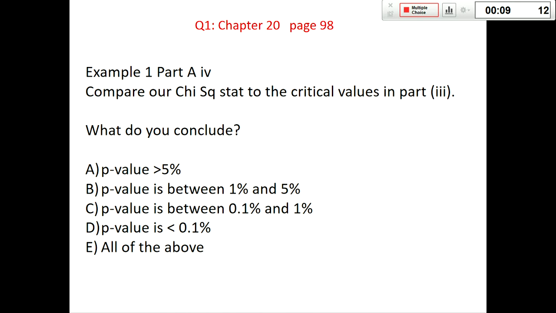Just look at this. Go to page 98, where we just left off, and you want to compare our chi-square stat to the critical values in part 3. That's what we just did. What do you conclude from this? Just choose A, B, C, D, or E.